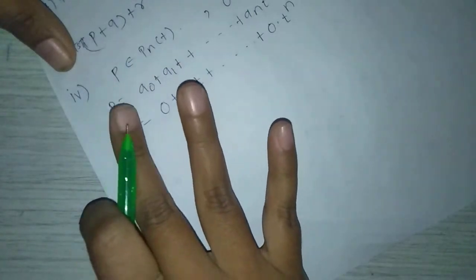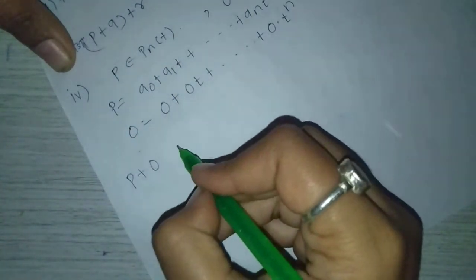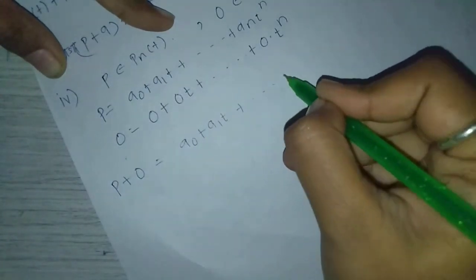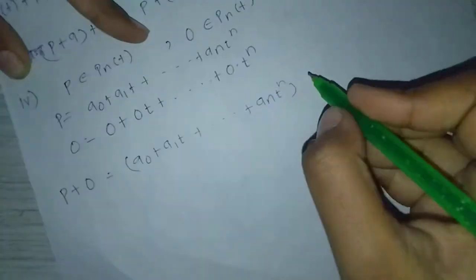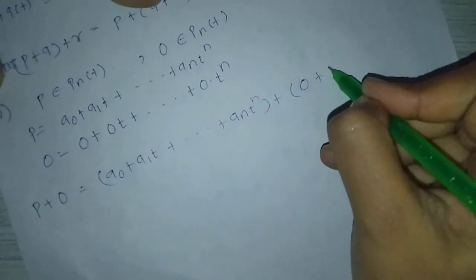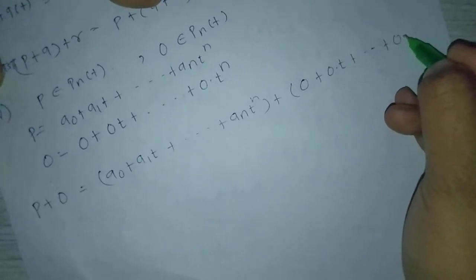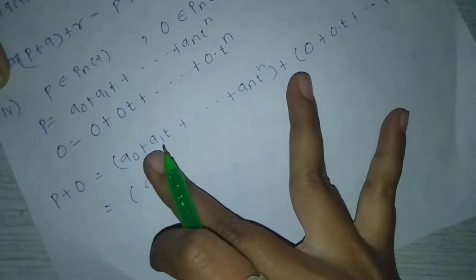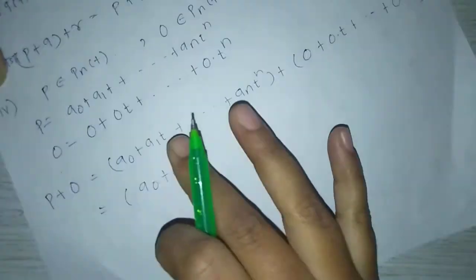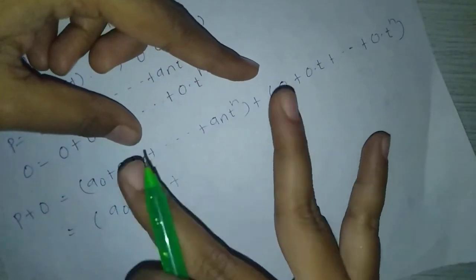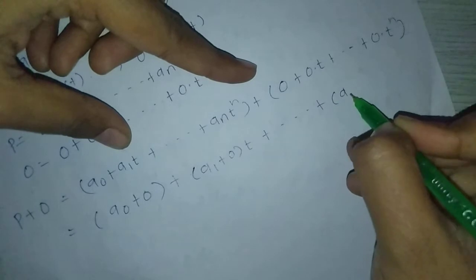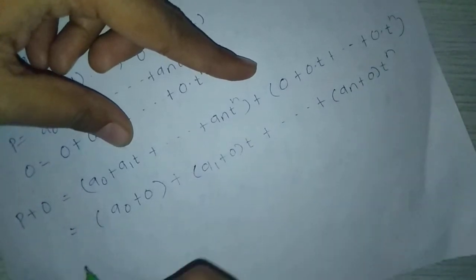Now take the addition of these two polynomials: p plus the 0 polynomial equal to a0 plus a1t plus and so on plus an t raised to n, plus 0 plus 0 into t plus and so on plus 0 into t raised to n, which is equal to, first comparing the constants a0 plus 0, now comparing the coefficients of t we get a1 plus 0 into t plus and so on plus an plus 0 into t raised to n.